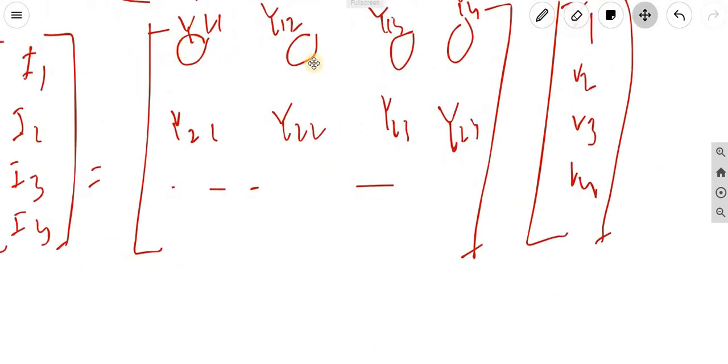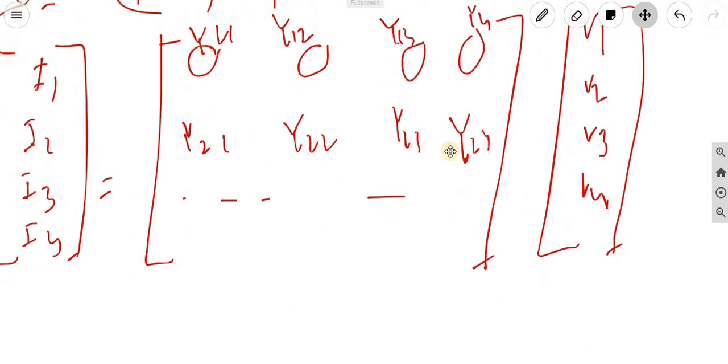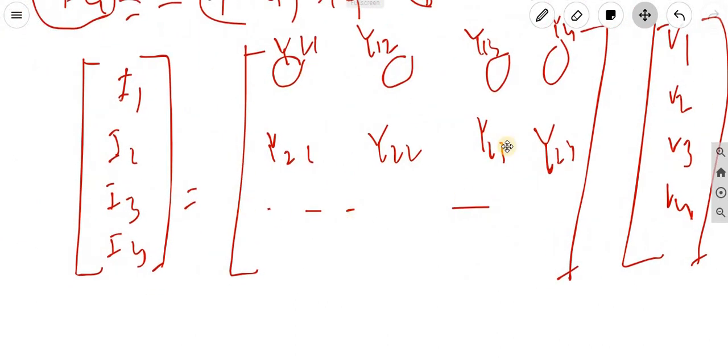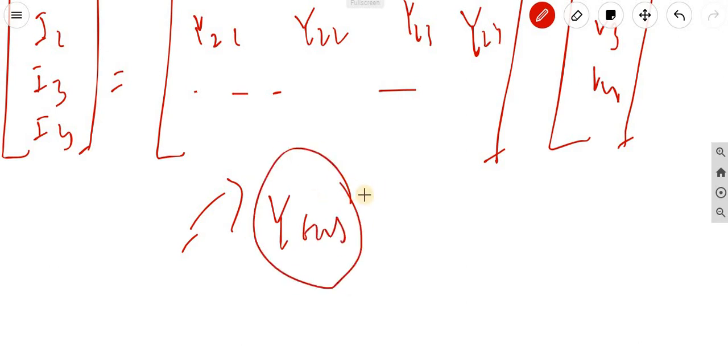These Y are written in capital. So these are the elements of a matrix, and this matrix is known as the Ybus matrix.